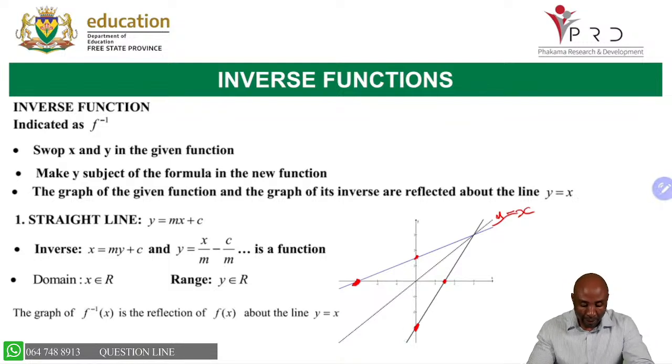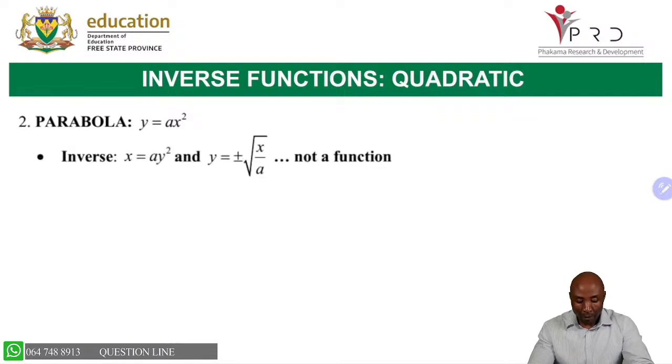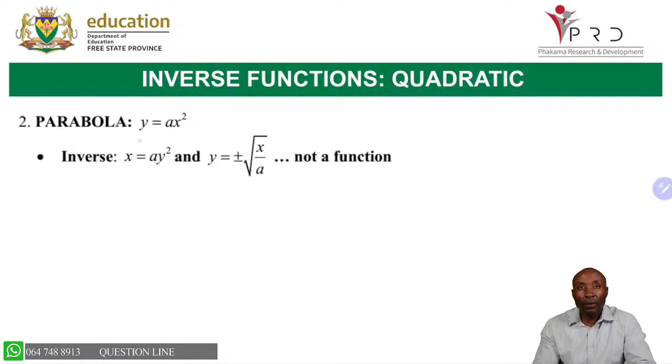We move forward. Now, we have the parabola. For our parabola, for us to get the inverse, our function has to take the form y is equal to ax squared, and the inverse is given by x is equal to ay squared. When we make y the subject, it becomes plus or minus the square root.